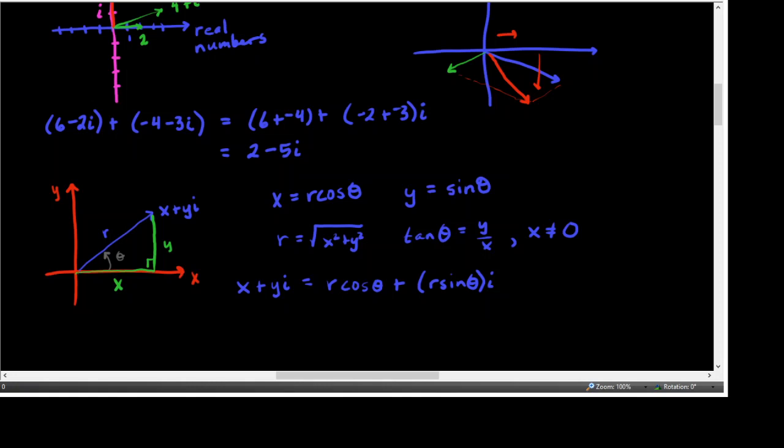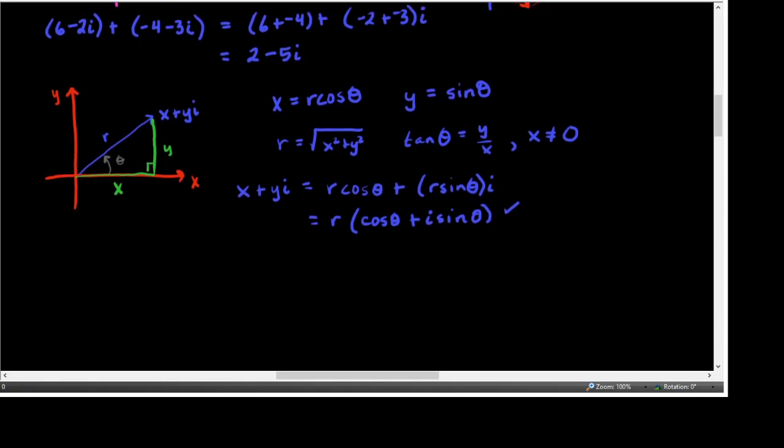Now, a lot of people will write that with the r factored out as r times the quantity cosine theta plus i sine theta, which is a really good form for this, so I'd pay attention to that one right there. That's the biggie right there. So x plus yi is writable as r times the quantity cosine theta plus i sine theta. And that's how you'll change from rectangular form x plus yi into polar form, also known as trigonometric form, which is this r times the quantity cosine theta plus i sine theta.